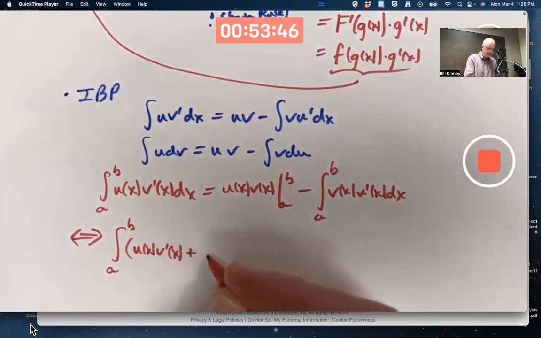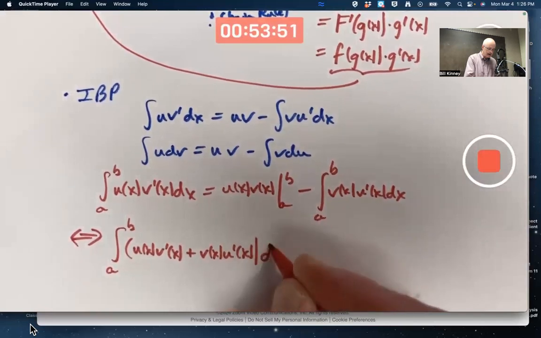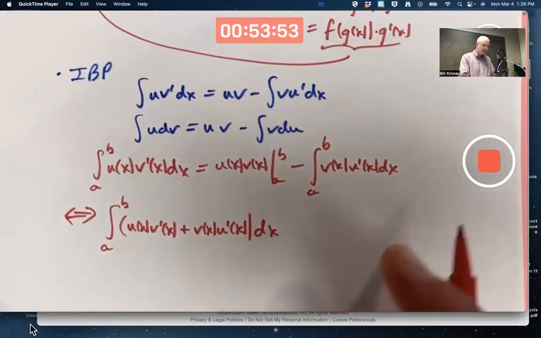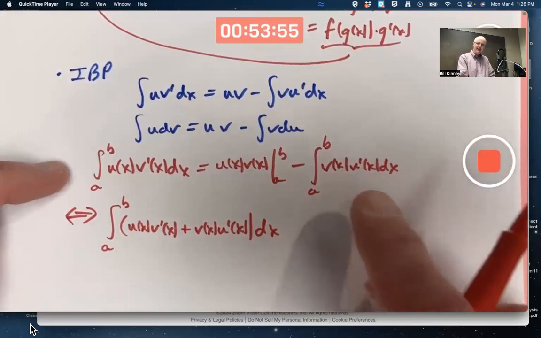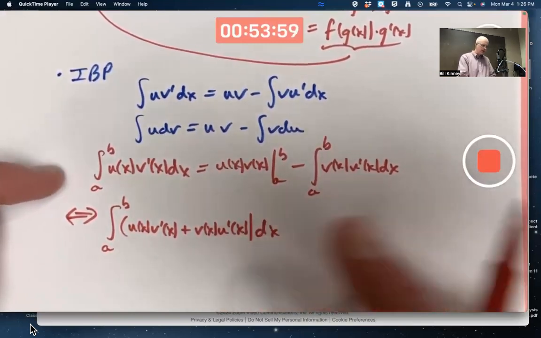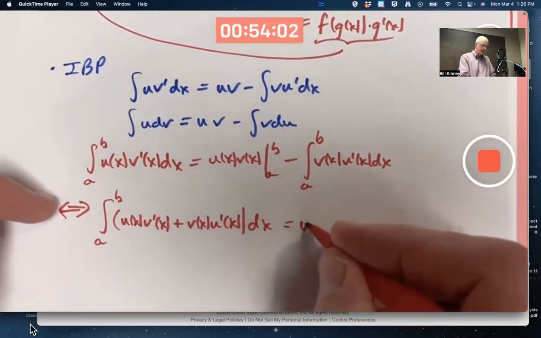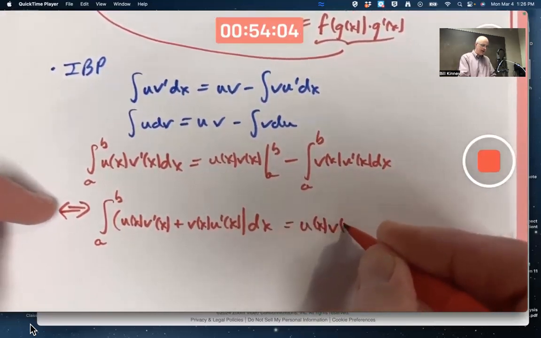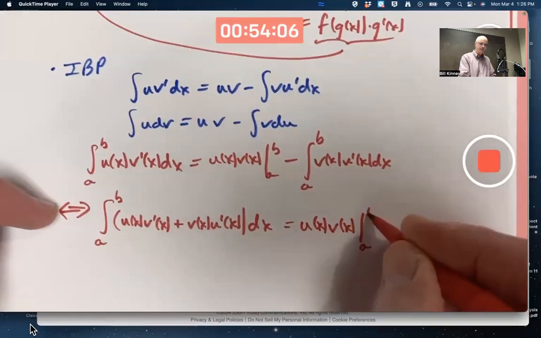In other words, you could write this. That's the integral that I get when I add this integral to both sides, and then use a property of integrals on the left. I'm claiming that these two things are equal.